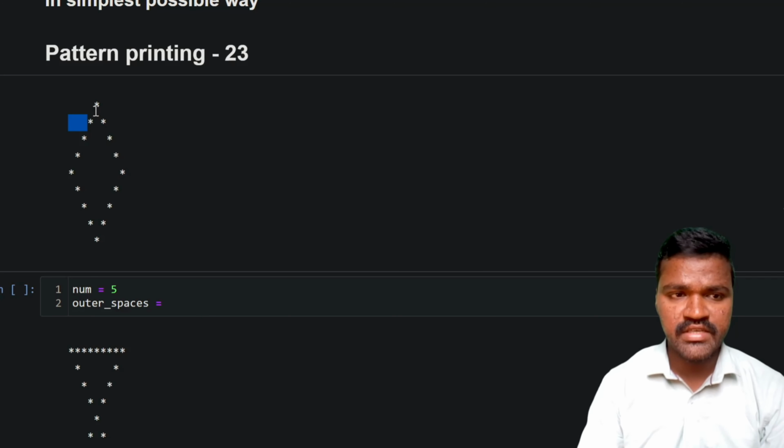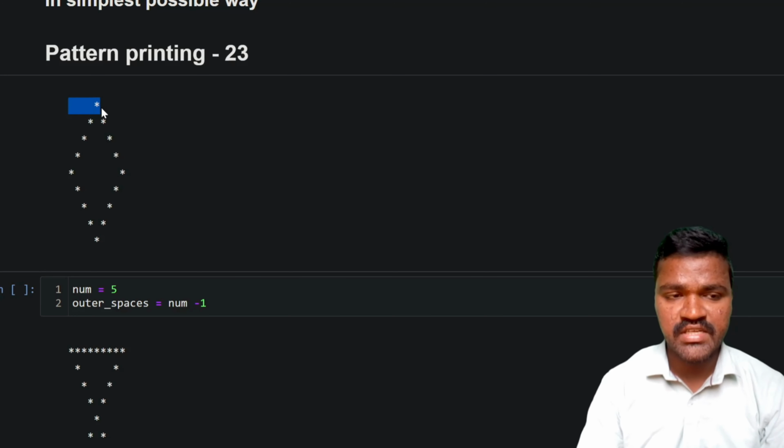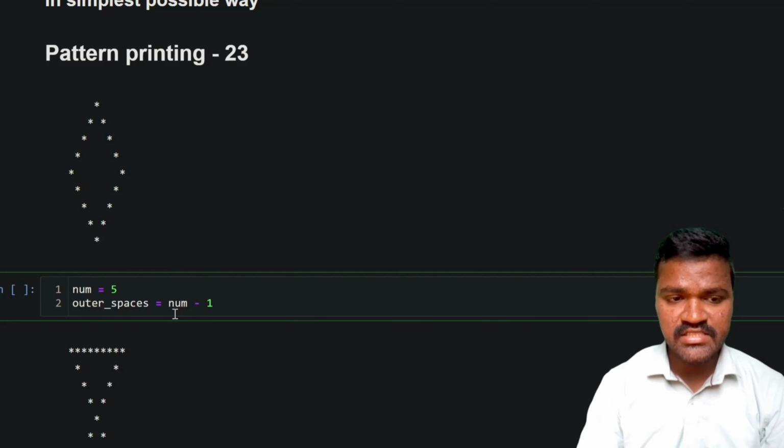If you carefully observe these outer spaces, out of 5 positions we have 4 spaces and 1 star. For that reason, I am taking the initial value of outer_spaces as num minus 1, because out of 5 positions I am having 1 star and the remaining 1, 2, 3, 4 are spaces.